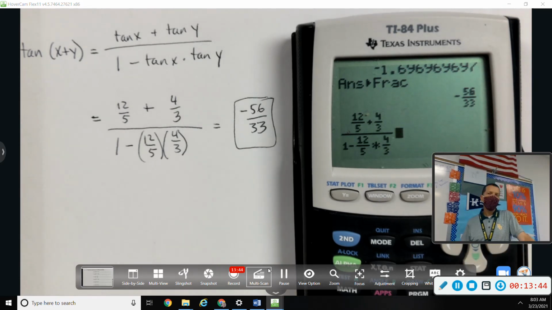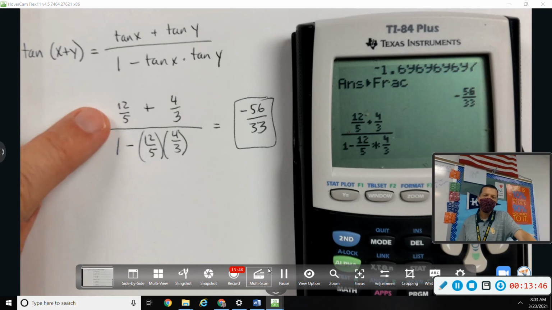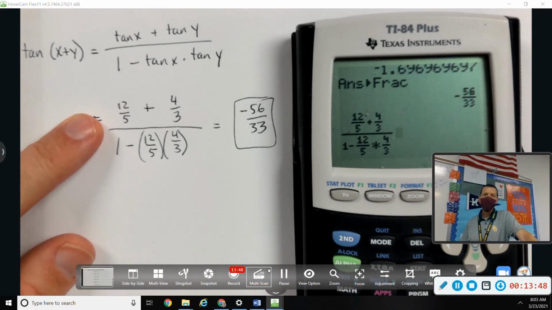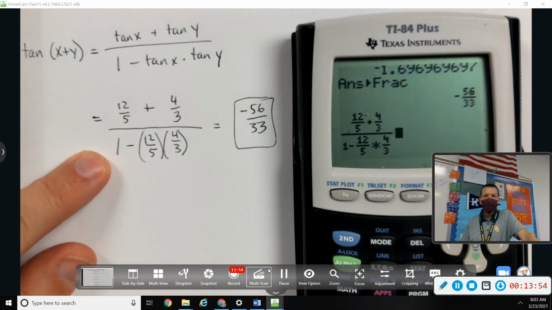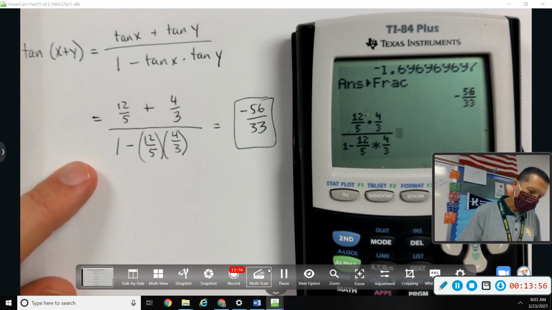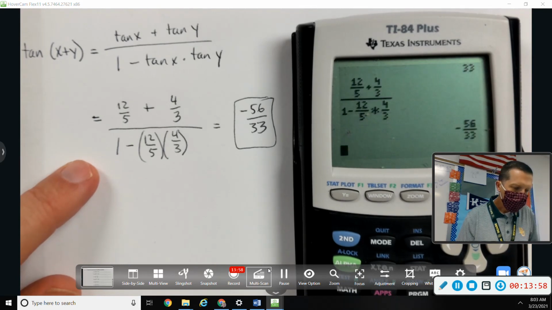So it takes time, but it does look exactly like your picture, so you don't have to worry about parentheses if you type it in that way. 12/5 plus 4/3, 1 minus 12/5 times 4/3. I better get the same thing, and I do.